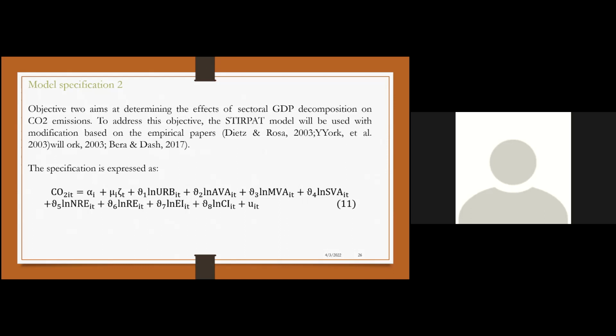If we sum them, they give us GDP, so we want to see the effect of each of them by disaggregation. I also introduced the idea of bringing in non-renewable energy consumption and renewable energy consumption to see their effect. We will also introduce energy intensity and carbon intensity. All of these variables will be investigated because all of them have serious policy implications, depending on the signs that we get.